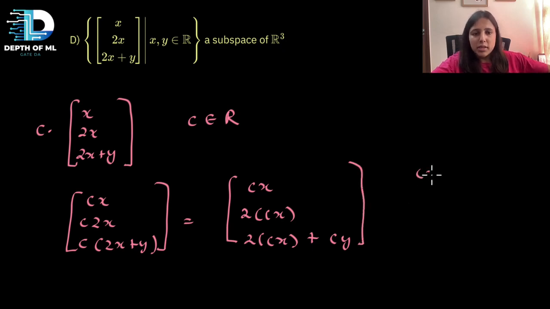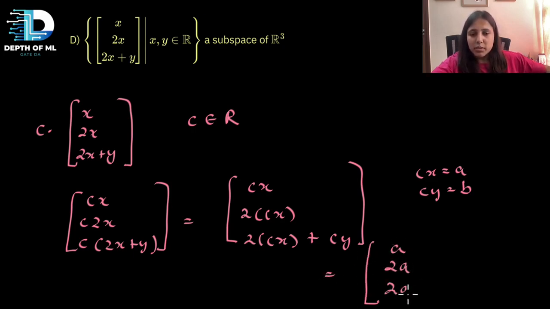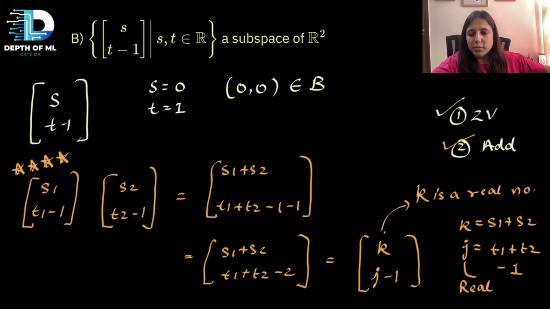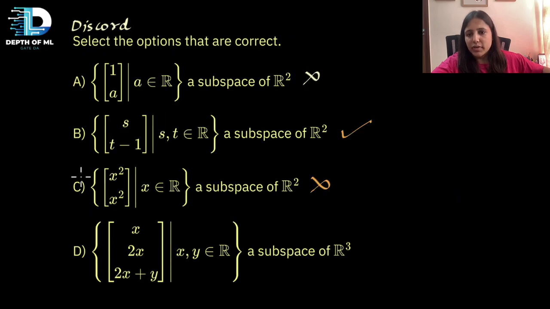Let me replace cx equal to a and cy equal to b. So the vector form that I'll get is a, 2a, 2a plus b, right, which belongs to D. Therefore the third condition, scalar multiplication, is also satisfied. So this is a valid subspace because all three conditions are satisfied.